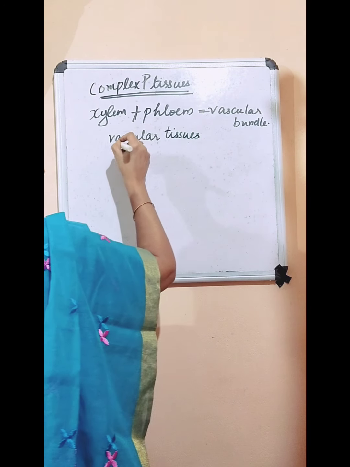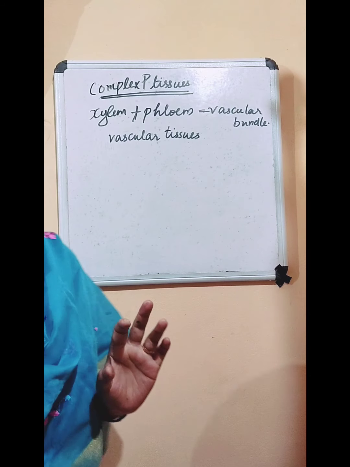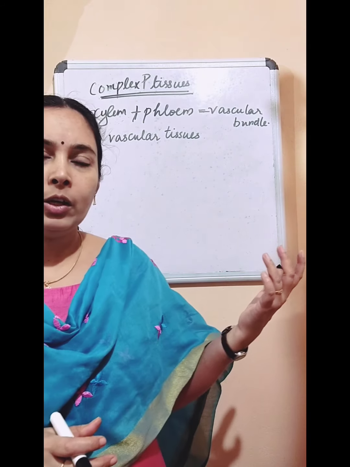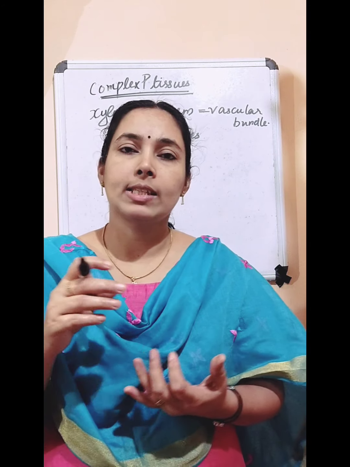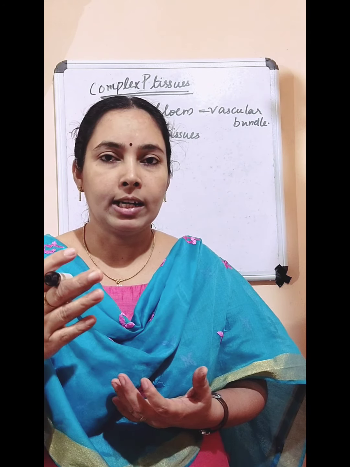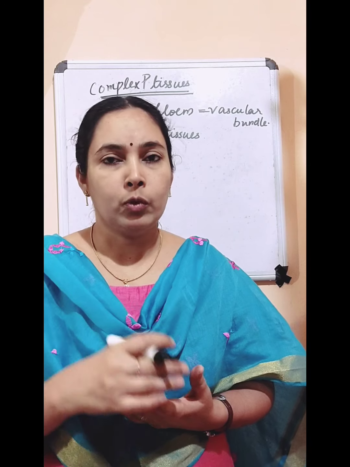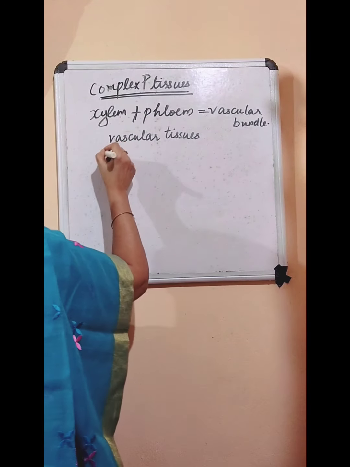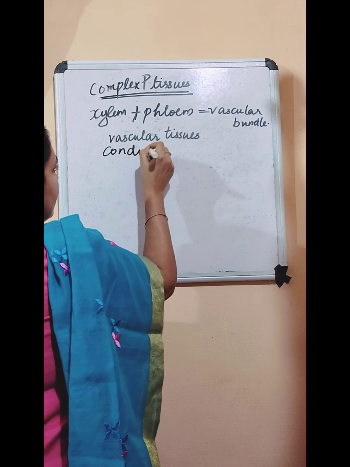So which are the vascular tissues of a plant? Vascular tissues are xylem and phloem. And you have studied in lower classes that xylem conducts water and phloem conducts food. So they are conducting tissues. So they are also called conducting tissues.